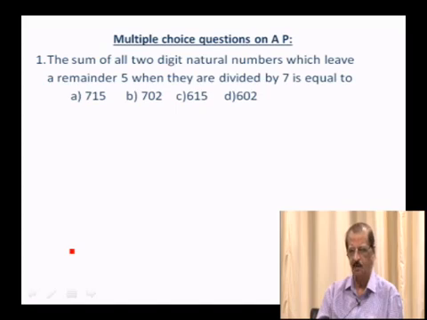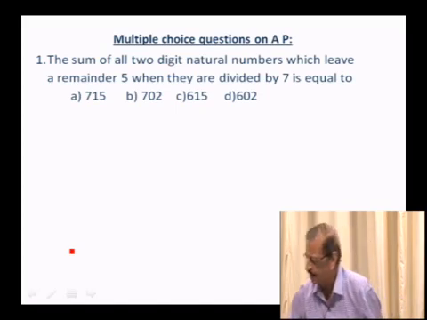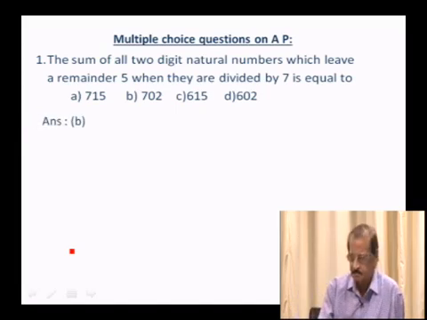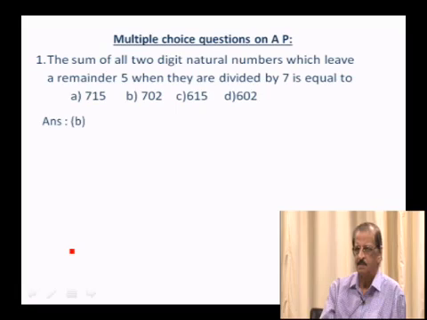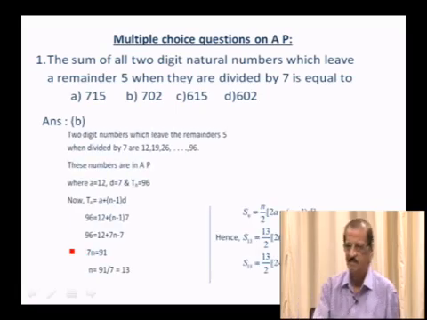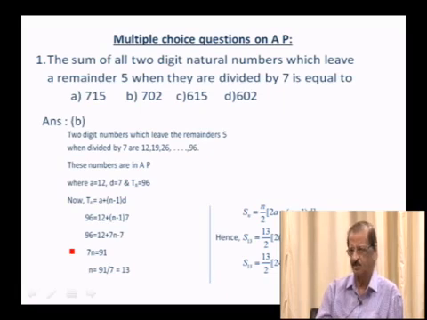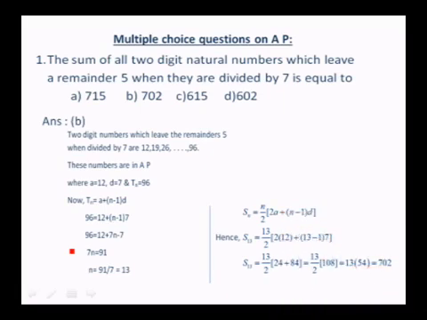If you take 12, the next number is 19. The last number is 96, because you cannot take 99 as the last number. So you have to take 96 because it leaves the remainder 5 when divided by 7.